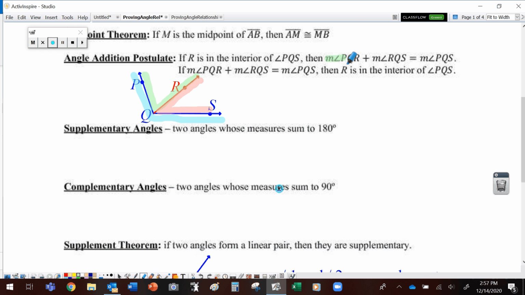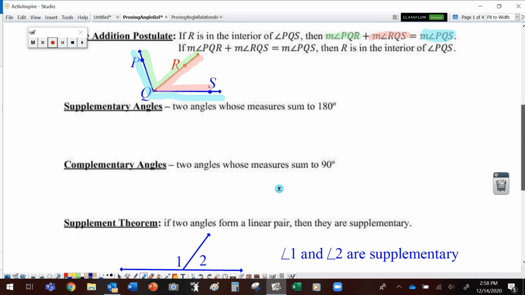In other words, one piece plus the other piece is going to be equal to the whole thing. Okay, so just like the segment addition postulate, we have the angle addition postulate. Basically, if I split an angle into 2 parts, I can add the measures of those 2 parts together, and that will be equal to the measure of the whole thing.